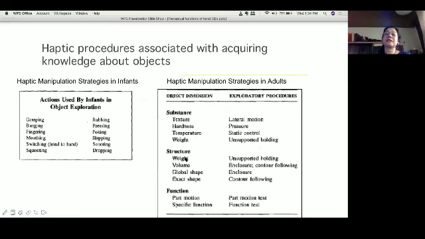When you're looking at structure, weight is unsupported holding. Volume, enclosure or contour following. Global shape is enclosure. Exact shape is contour following. Function, part motion test. And these are tests which have been mentioned in the particular paper which we had read for haptic procedures.